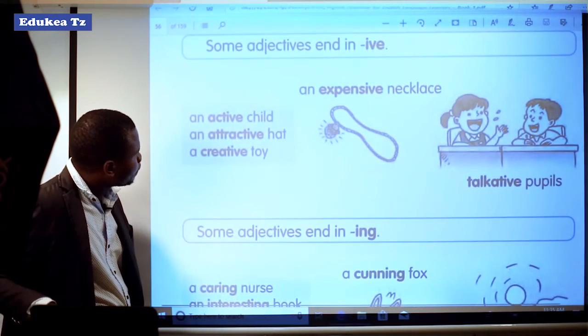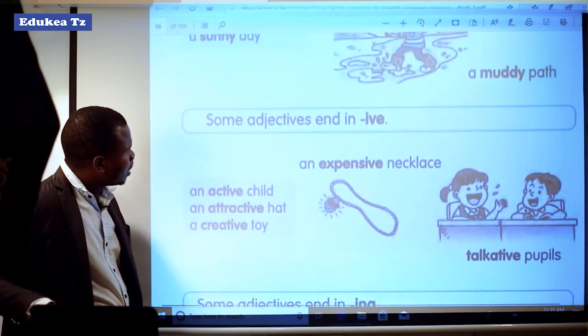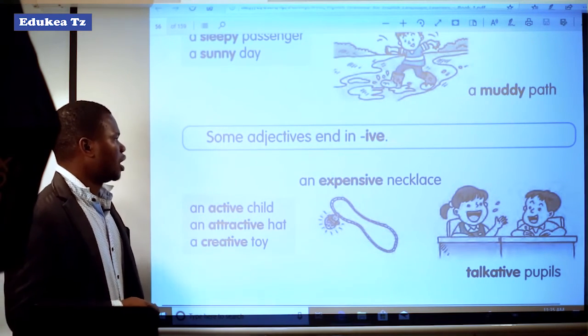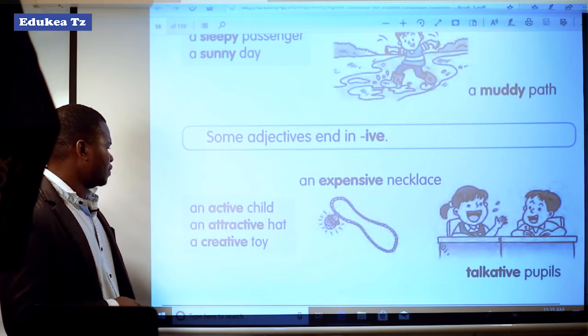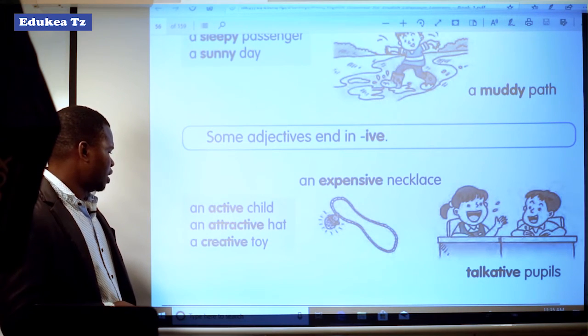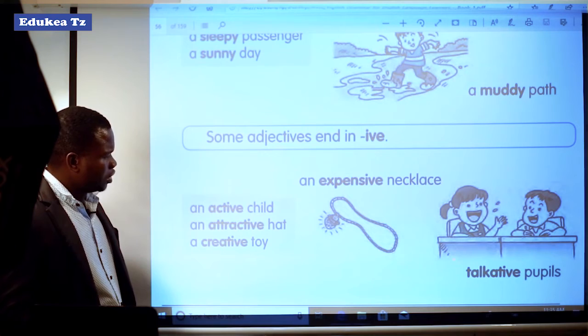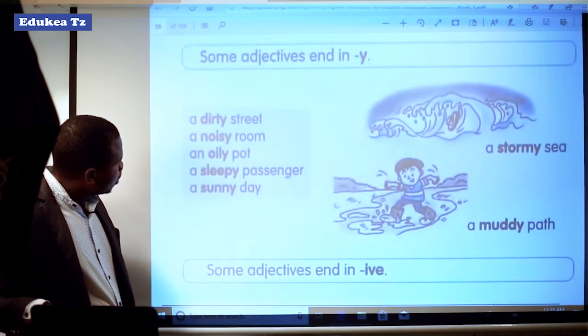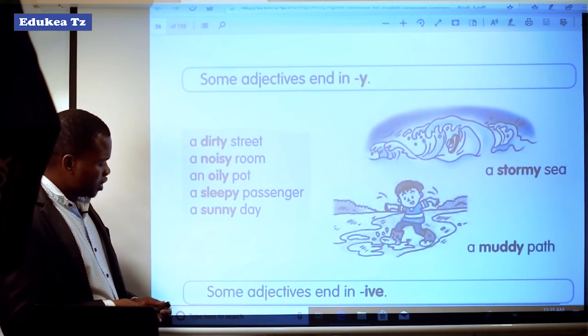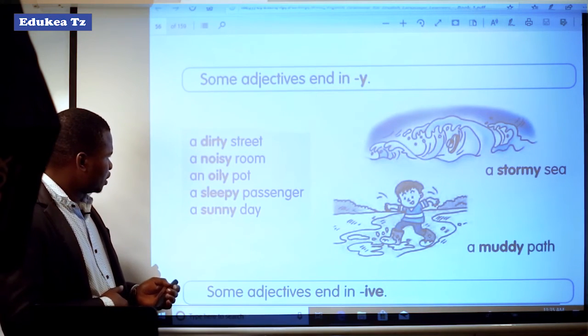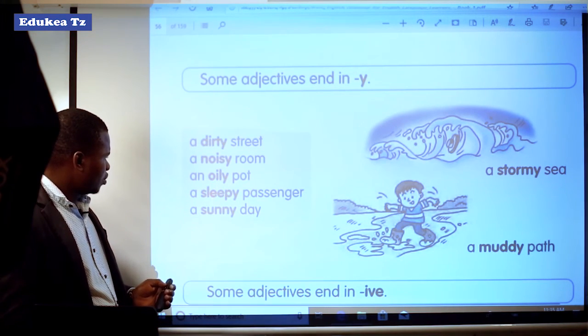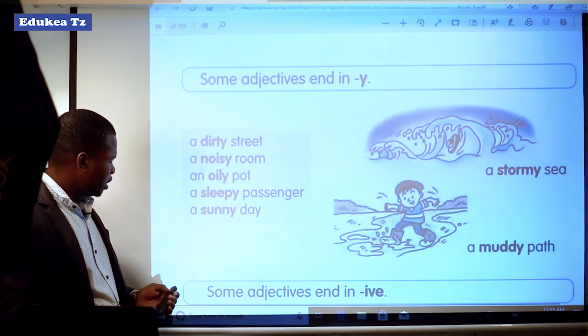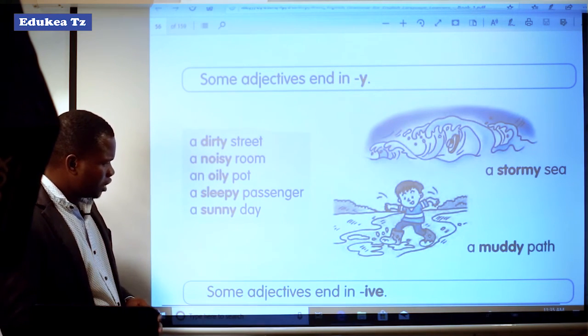Also, we have to know that other adjectives end with ive, as in an active child, an attractive heart, a creative toy, talkative pupils, an expensive necklace. Again, some adjectives end with y, as in a dusty street, a noisy room, an oily pot, a sleepy passenger, a sunny day, a muddy path, a stormy sea.